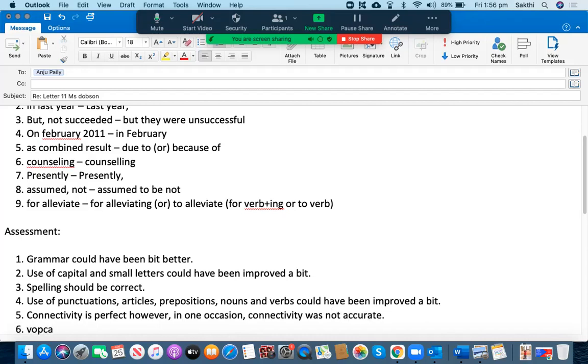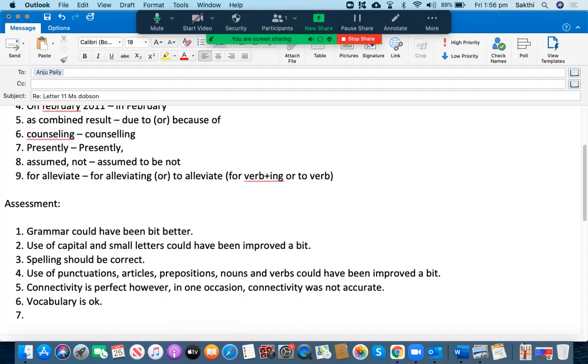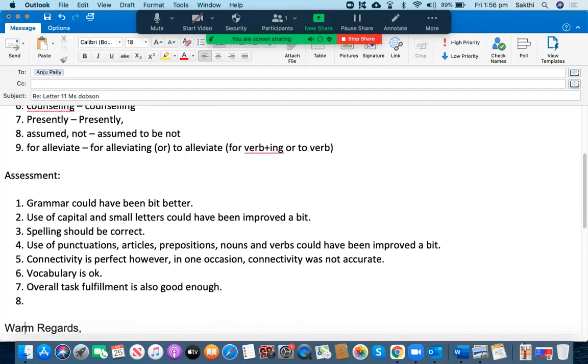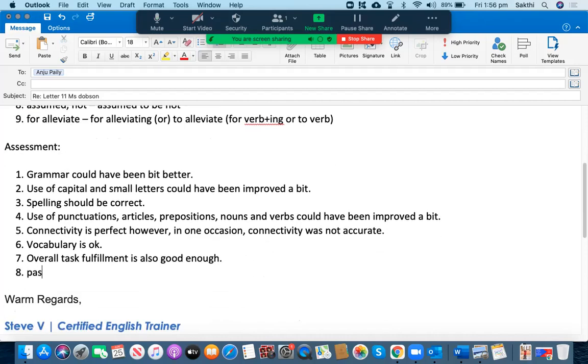So vocabulary is okay. I'm happy with your vocabulary. Overall task fulfillment is also good enough. Passive voice could have been used more frequently.